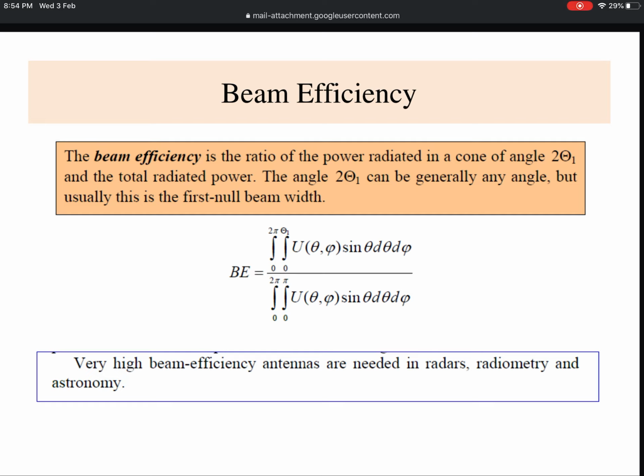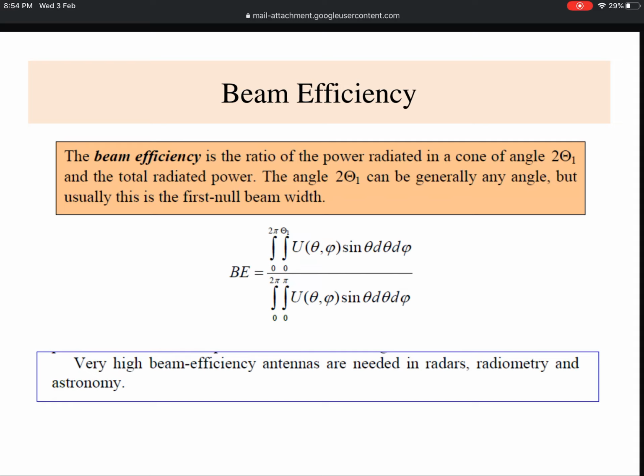You have to see which one is present. If the antenna is taking power from a guided input, there will be a mismatch between the guide and antenna, because there will be certain reflection that you cannot control, so e_r will generally be present.